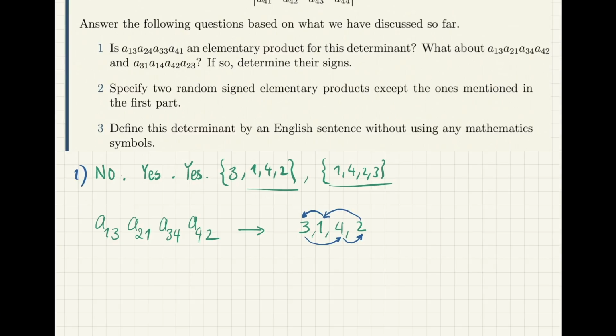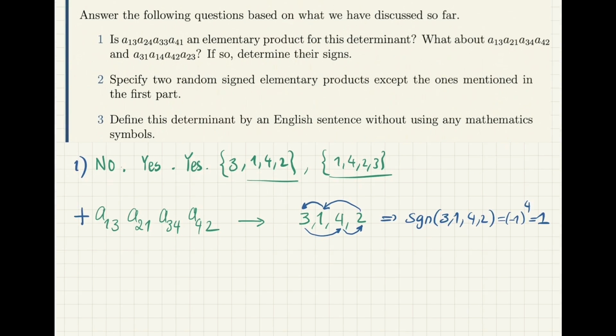So what is the minimum number of transpositions needed? I have 4 arrows, so it is 3. So it means that the sign of 3, 1, 4, 2 is minus 1 to the 4, which is positive 1. So this should come with a positive sign.